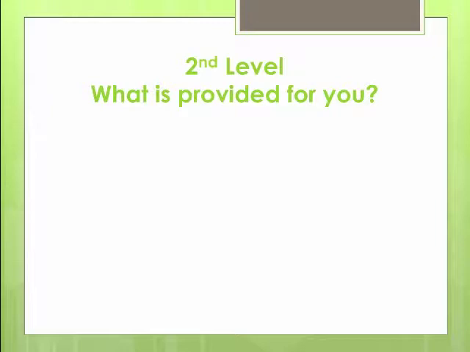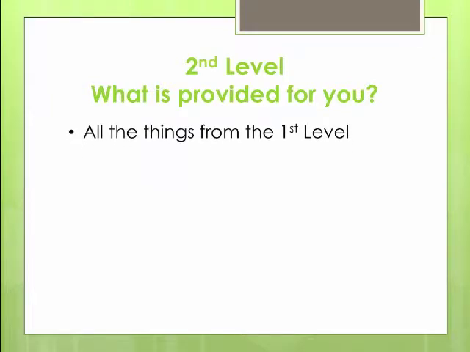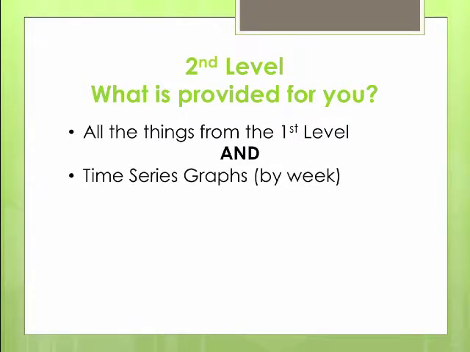Well, you'll have everything you've already done in level 1, as well as some time series graphs. So we've taken this data that you've got in front of you and plotted it. And you all know that looking at data in a chart format sometimes really helps data issues stand out. Well, that's what we're going to be working with now.